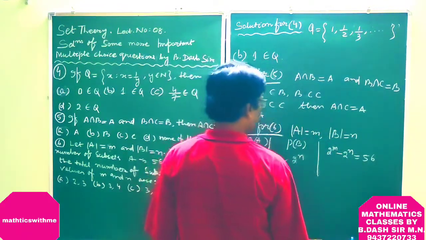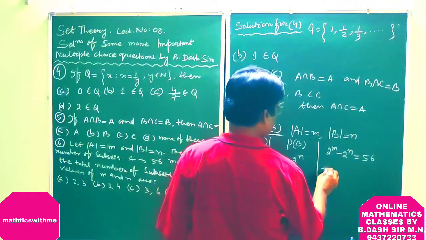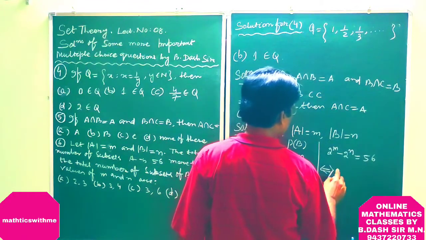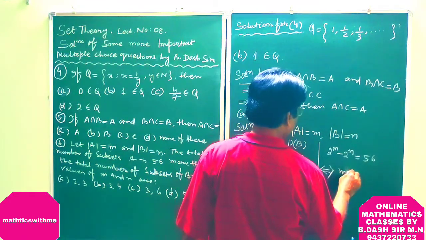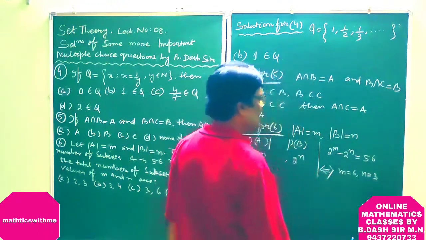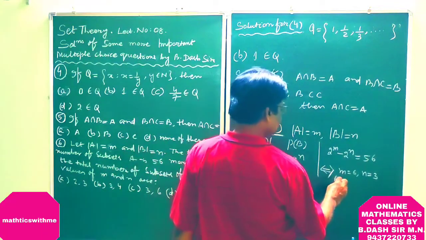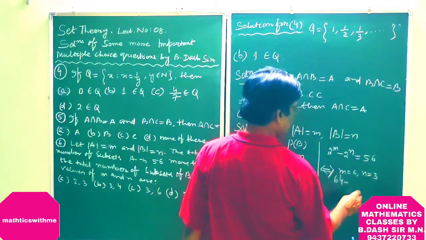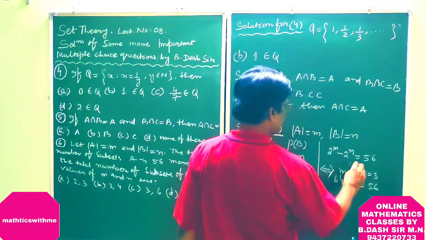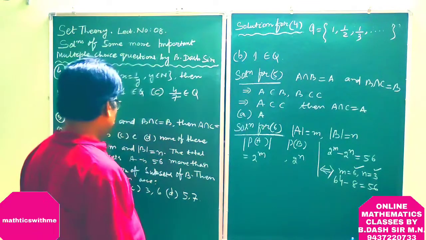So it is possible if and only if here m is equal to 6, n is equal to 3. So that it will be 2 to the power 6, 64, minus 2 to the power 3, 8, is equal to 56. Therefore, m is equal to 6, n is equal to 3.